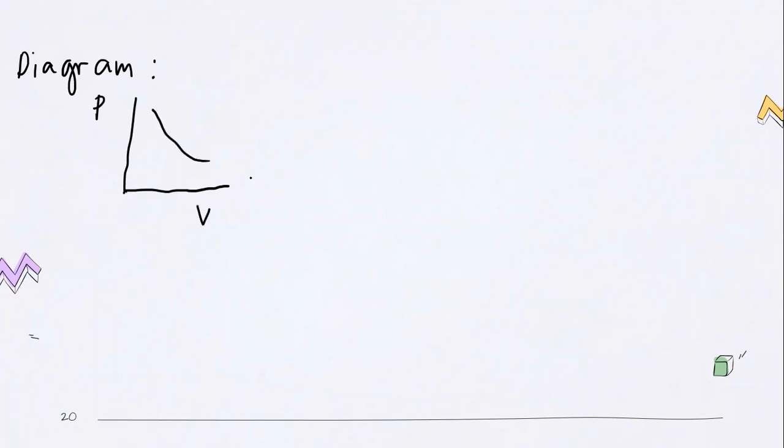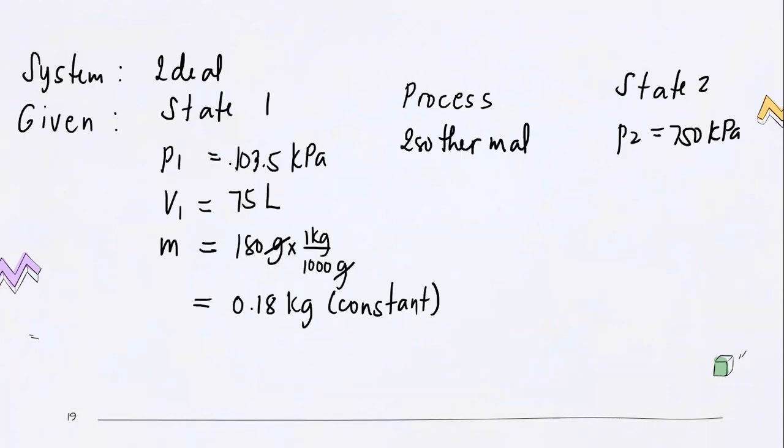Diagram. Under the PV plane. Okay. From 1 to 2. Why 1 to 2?